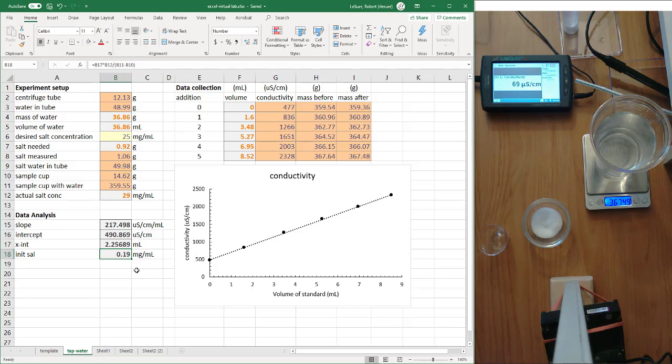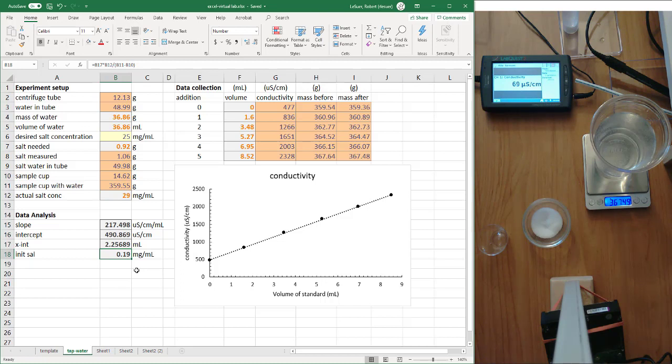So next up, there are several steps that you need to do. The first thing is you need to create this template based on the results that you see here, because we're going to do this experiment 2 more times. One, we're going to try some filtered tap water, also from my house. So the only thing that's changed is that instead of going straight from the tap, it's going through a filter first.